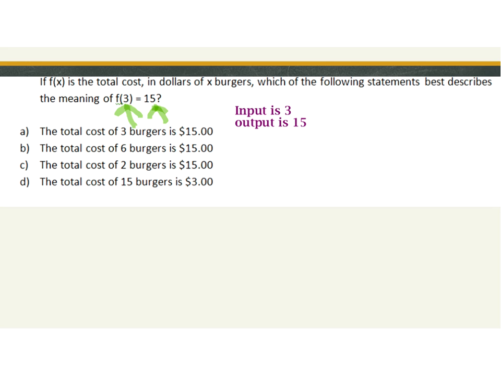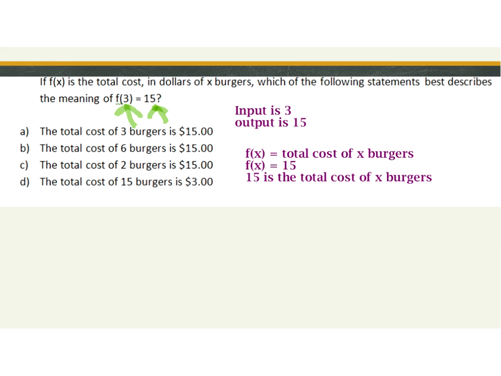So if it tells you in the sentence above that F of X equals the total cost of X burgers, and F of X is 15, then 15 is the total cost of X burgers. The X is 3, so there are 3 burgers.